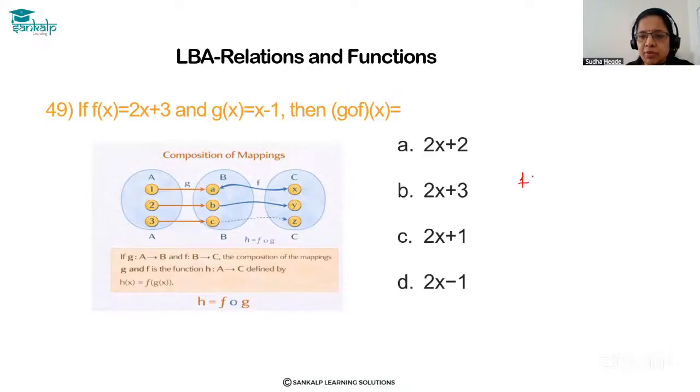F of x is equal to what? 2x plus 3. G of x is equal to what? X minus 1. You need to find G composition f of x.